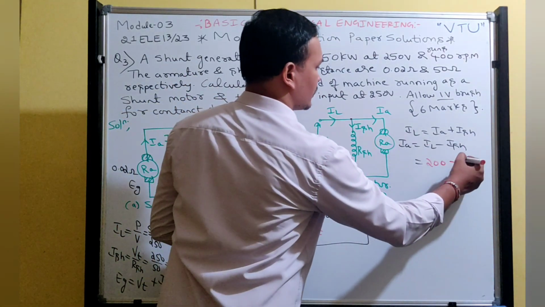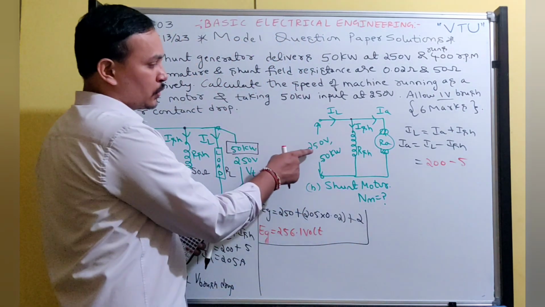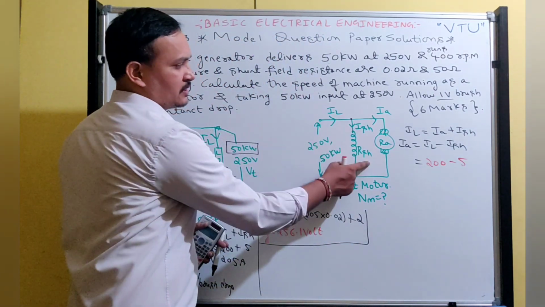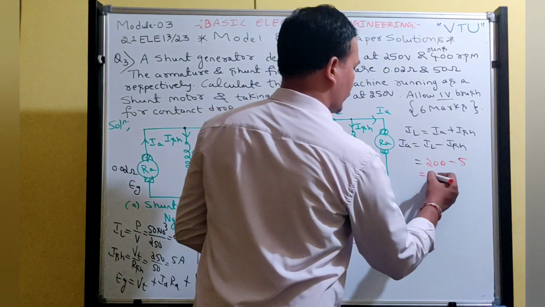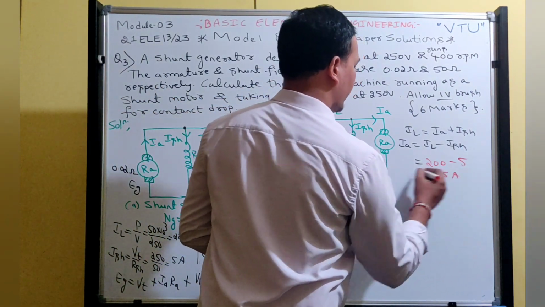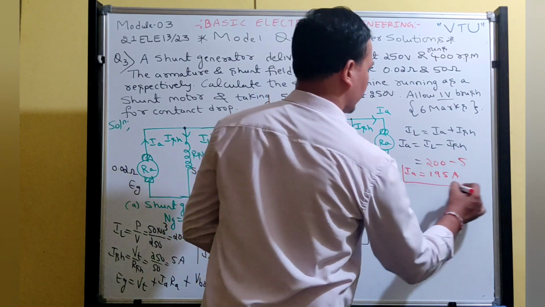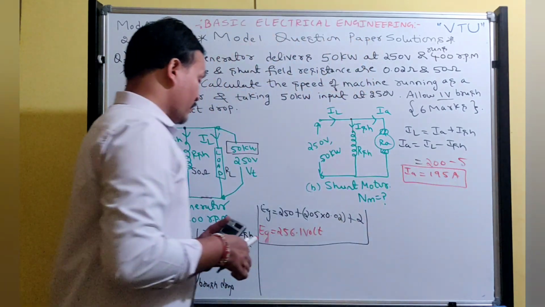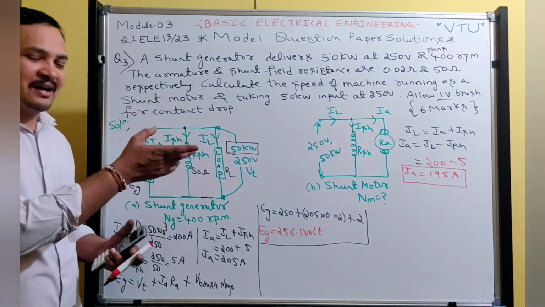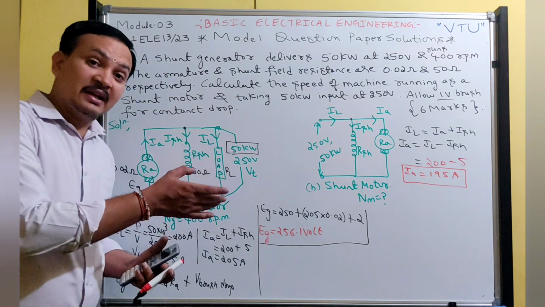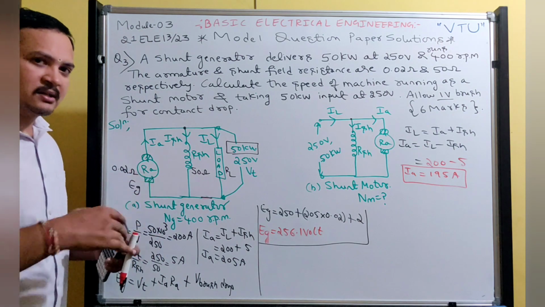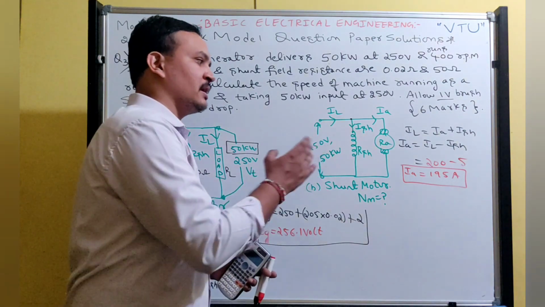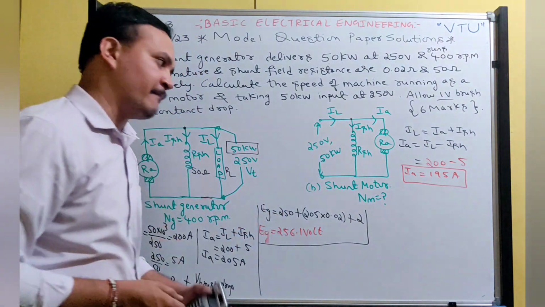And what is ISH? 5 ampere. 250 by RSH is ISH, 5 ampere. 200 minus 5, how much will you get? 195 ampere. So this is the value of armature current when this machine runs as a shunt motor. When it runs as a generator, it is delivering 205 ampere. When it acts like a motor, the armature current is 195 ampere.